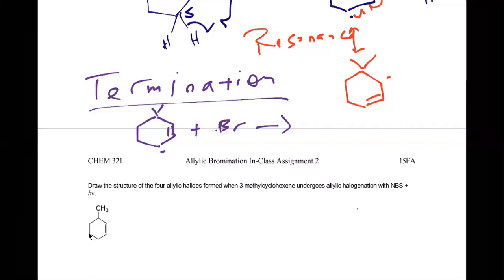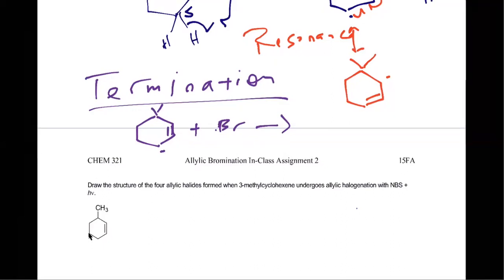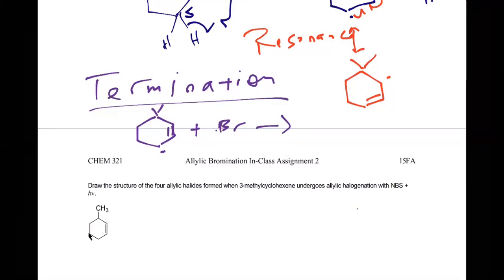Termination is just finalizing those 2 products, or however many products you get. So yes, the radicals that you make in propagation are the precursors to your products. Because you don't get the product until you actually brominate that allylic site, which is what happens in termination. But you're right. Your thinking is spot on.